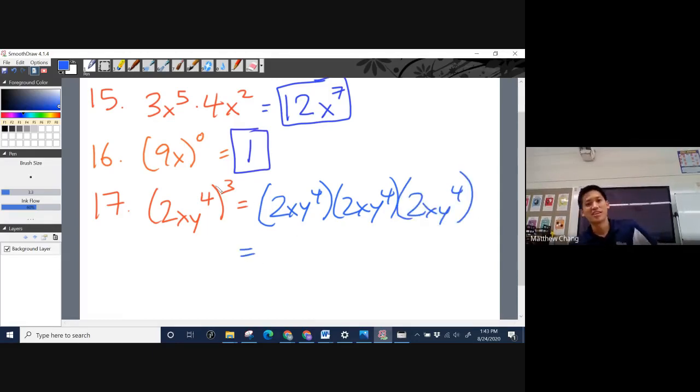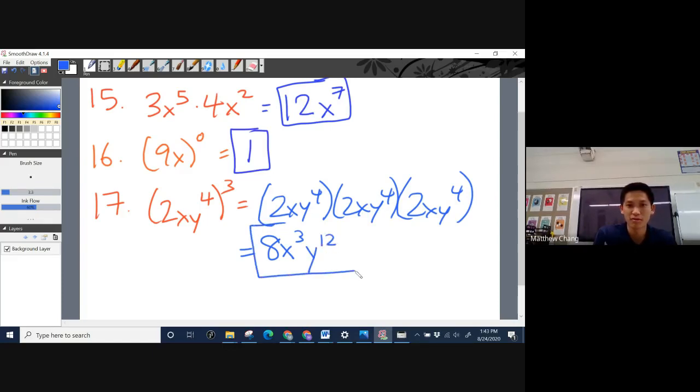And what you'll see is it's the same thing as distributing that exponent in. So it's 2 cubed, so 2 times 2 times 2. It's going to be 8. X times x times x is x cubed. So you're doing y raised to the 4th times y raised to the 4th times y raised to the 4th. And this is y raised to the 12. Boom. Okay.